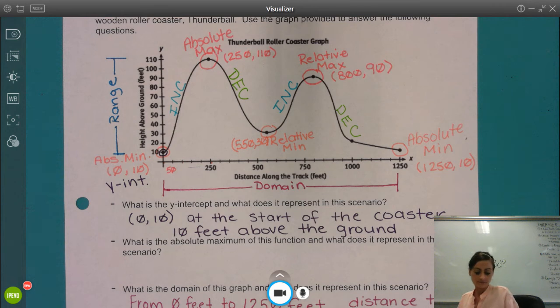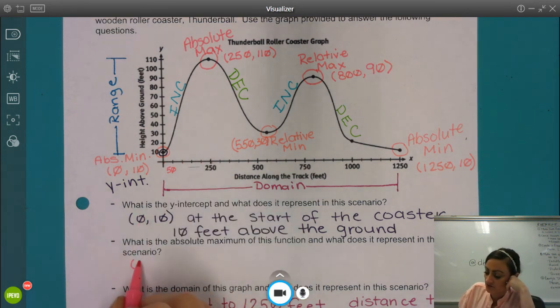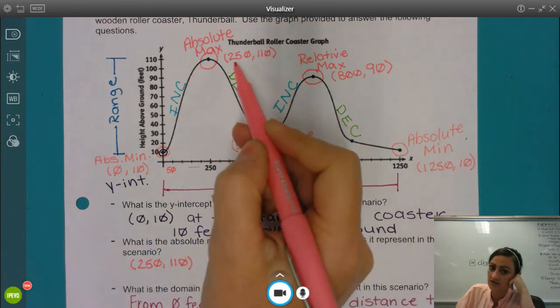So now we're going to talk about our absolute maximum. So our absolute maximum happens at (250, 110). We talked about that earlier up here.